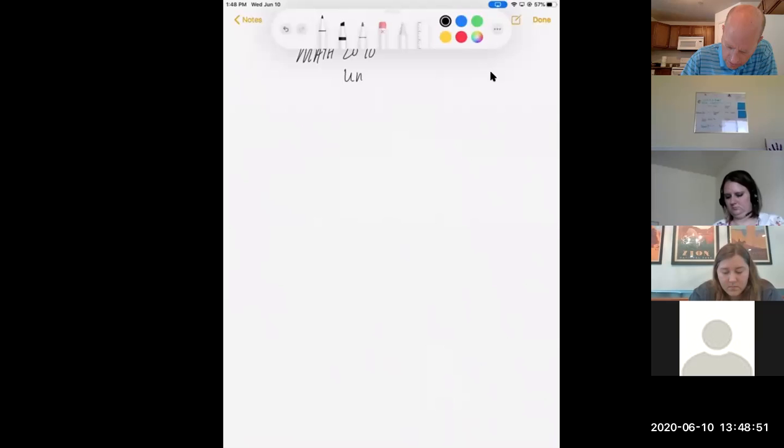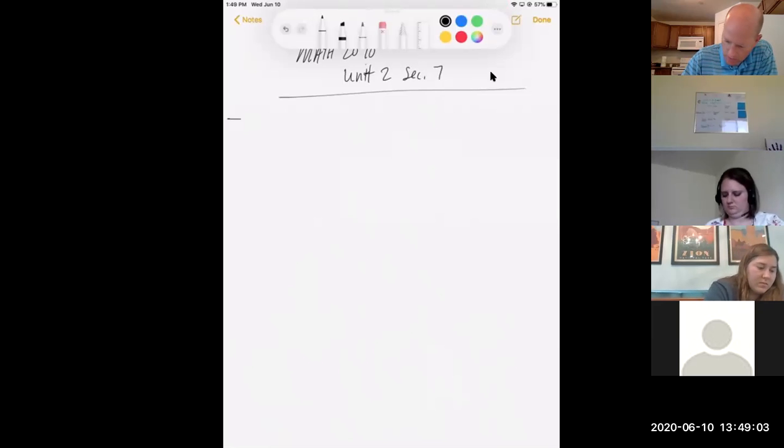This is Unit 2. Section 7. So we're starting out with subtraction models.